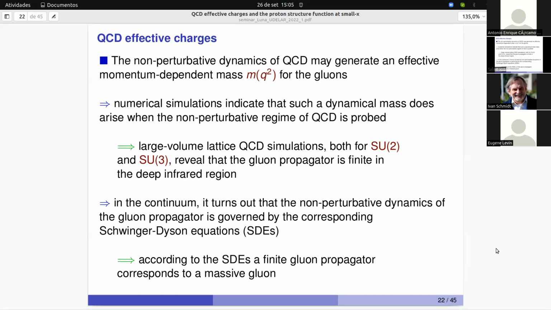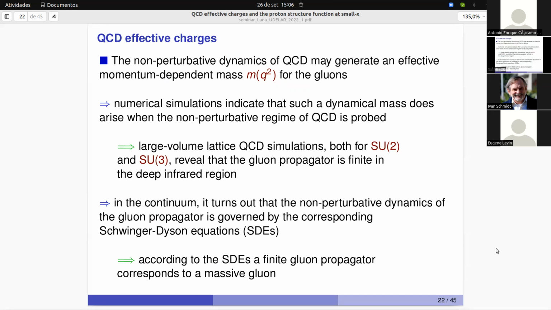But the point is, we have many results today when people work with large volume lattice QCD simulations, both in SU(2) or in SU(3), and this reveals that the gluon propagator is finite. That's the point. The gluon propagator is finite. If you work in quenched or unquenched approximation in lattice QCD, the results of many groups show that the gluon propagator is not infinite, it's not divergent.